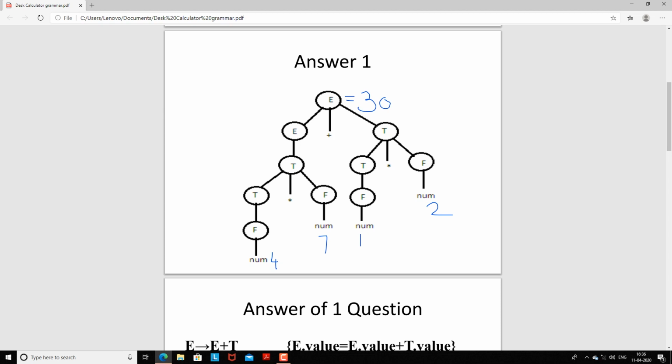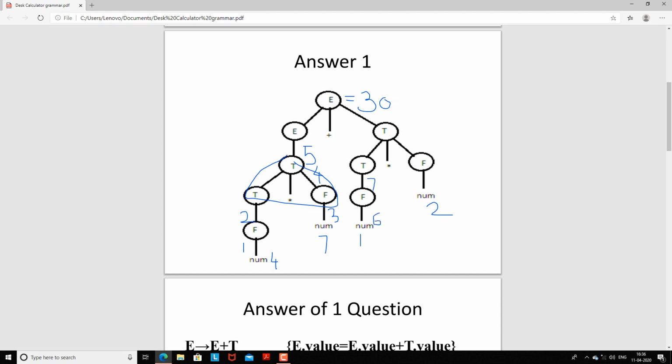The first reduction which is going to be performed in this parse tree is this one. The next reduction is T tends to F. The third reduction is F tends to num. The fourth reduction is T tends to T into F. Fifth reduction is E tends to T. Sixth reduction is F tends to num.